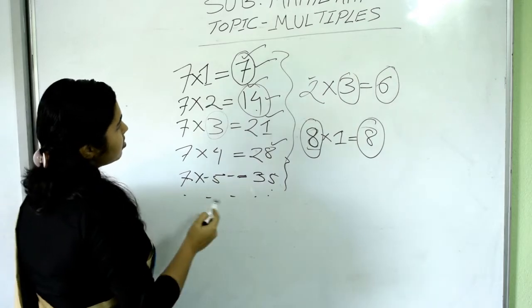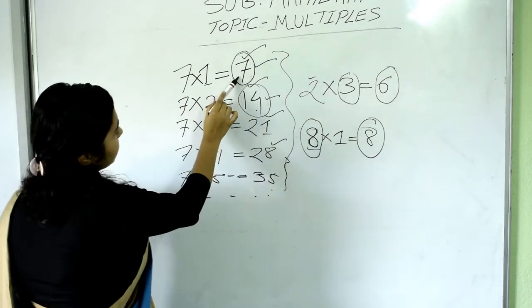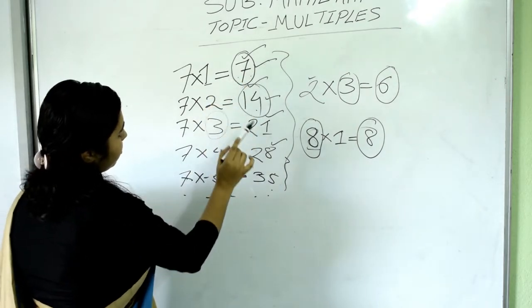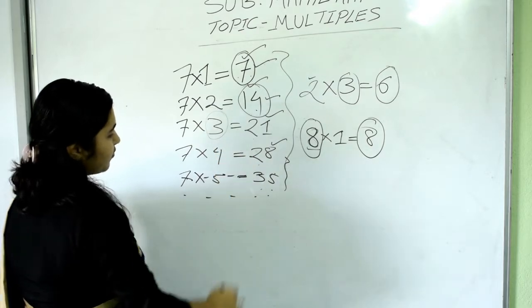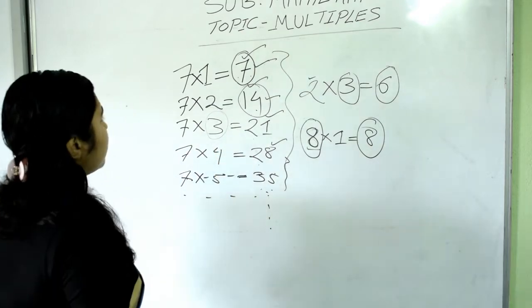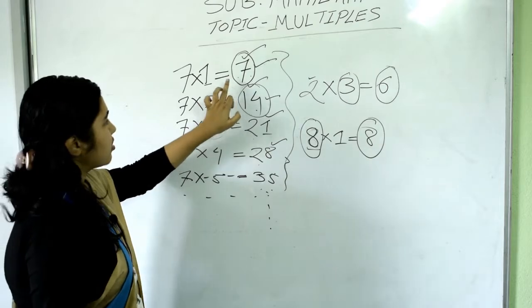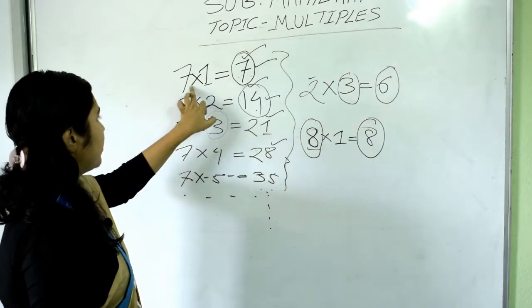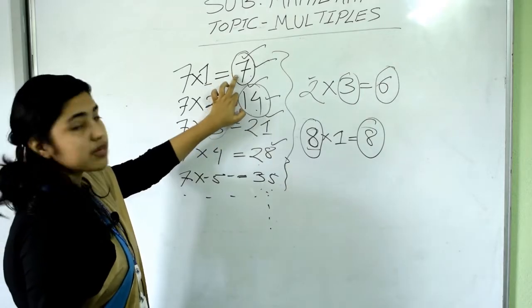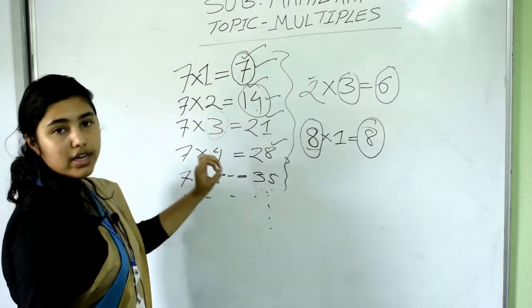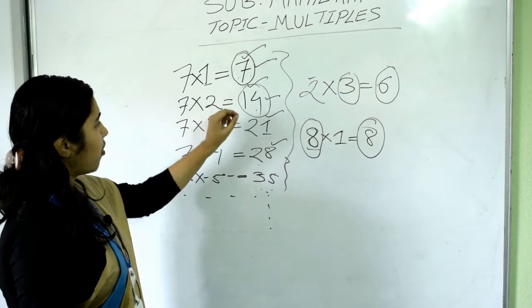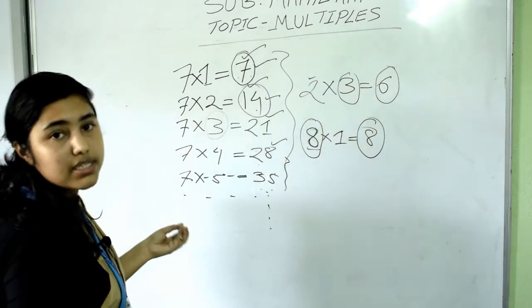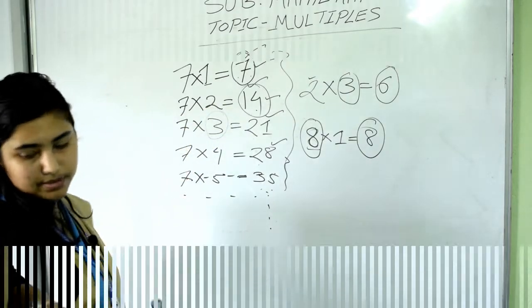Look here, among 7, 14, 21, 28, 35 and so on, 7 is the smallest number and also a multiple of 7. That means the smallest multiple of a number is the number itself.